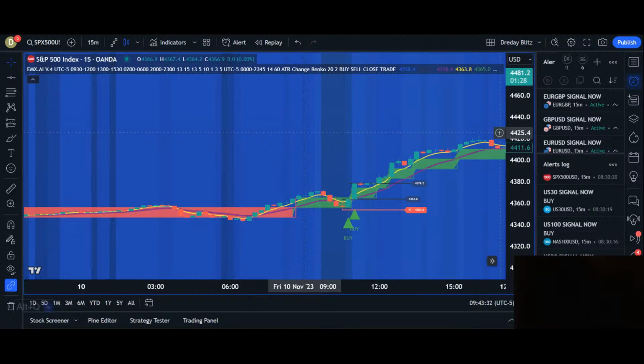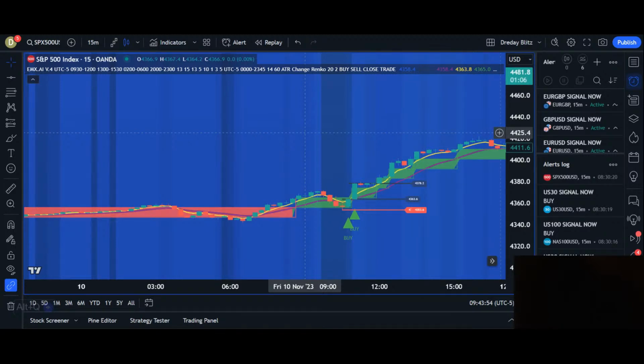But if you're swinging your trades, especially if you're using the Renkos, it will help you out on keeping the trade open for the longest time. And you're going to have basically more profit at the end.